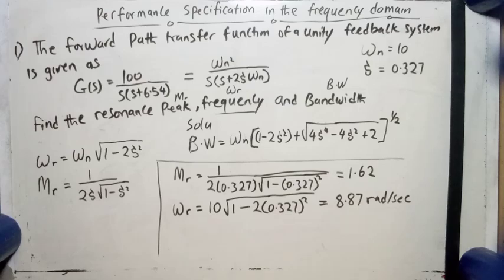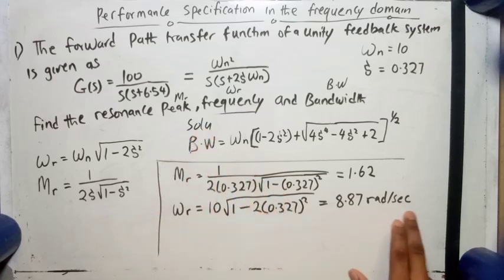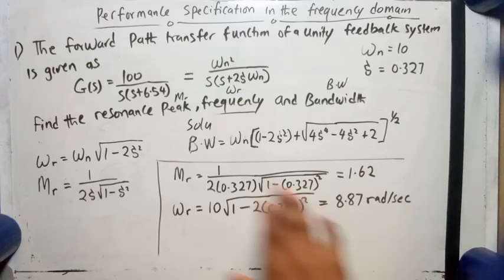So know that your resonance frequency has units, not hertz, but rad per second. So from you seeing omega here, you're supposed to understand that the unit will be this. We've just gotten the resonance peak and resonance frequency.